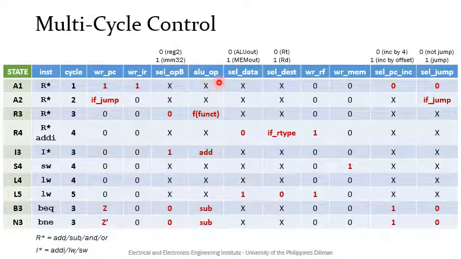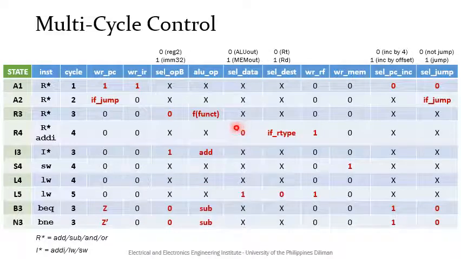For ALU op, its value depends on the function. For R-type instructions at R3, it must be an add instruction. For I3, for add I, load word, and store word, and must be a subtraction for B3 and N3 for comparison of operands.